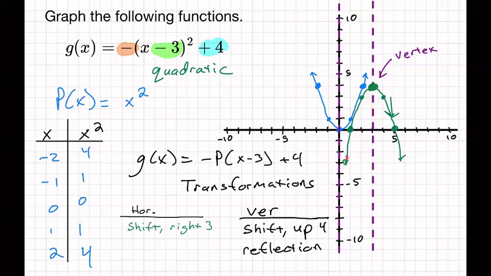So the rate of change over here is going to be positive, and we're actually going to be able to show that it's not always the same, but it's always going to be a positive number. On the right side of our graph, I would have to go right and down to get from one point to the next. Well, that's positive, that's negative, so we're going to see a negative rate of change or a decrease take place. We want to make sure to remember these things because that's going to be a lot of the things that we talk about as we move into our first sections of the calculus of these functions.